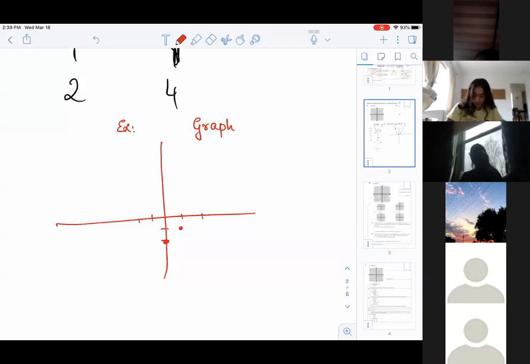That's the question. Now the direction is going to be: graph is given to you.